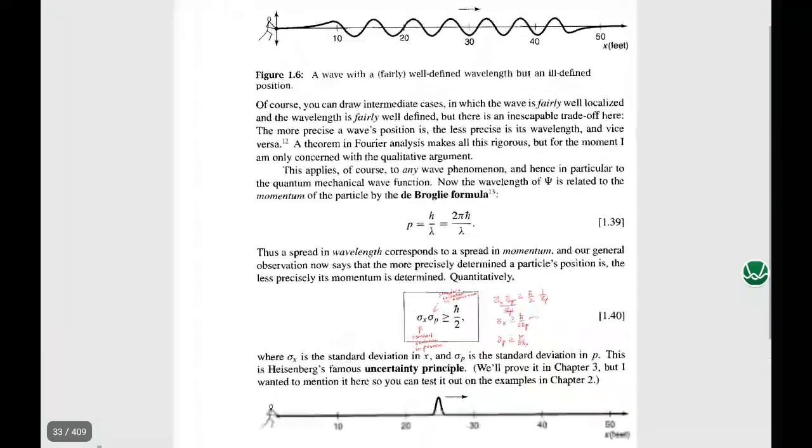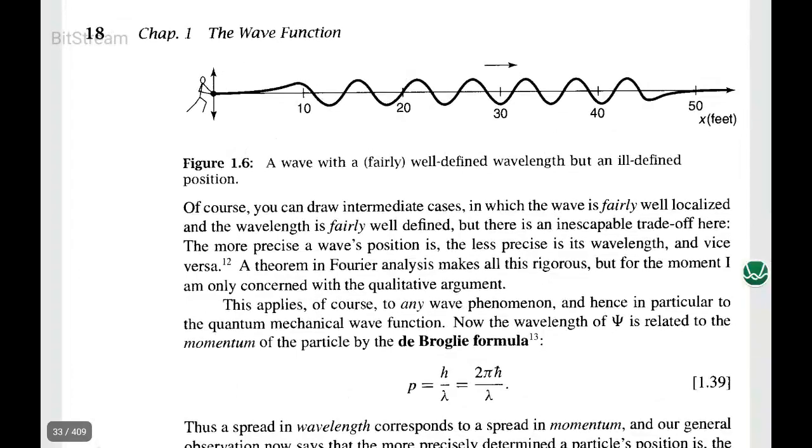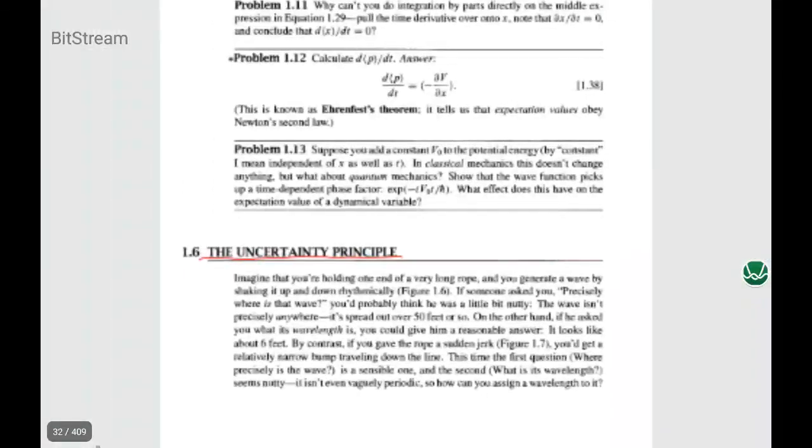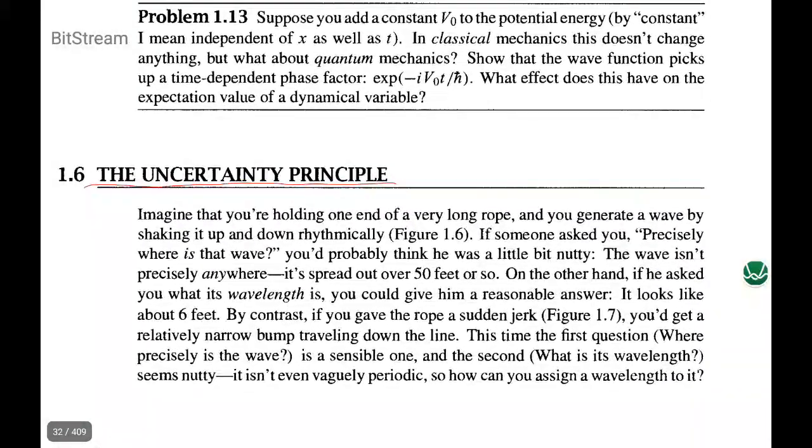A good example of this is if you have a wave. If you're standing on one end and swinging this up and down, making a wave, and then, as Griffiths puts it, somebody asks you precisely where is that wave, you don't really have a good answer.